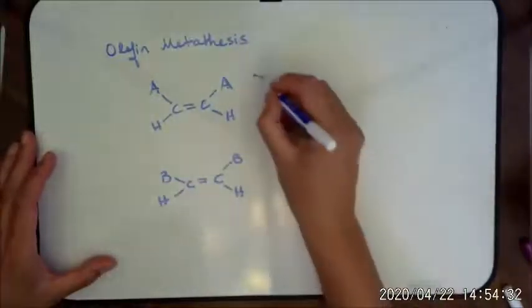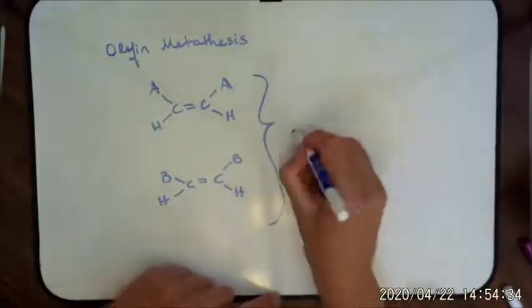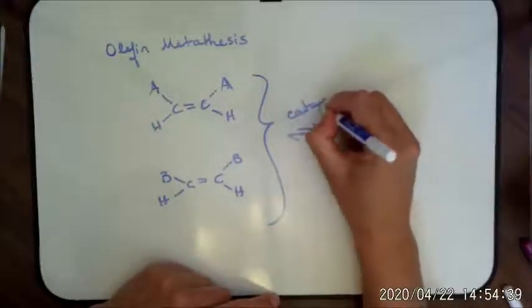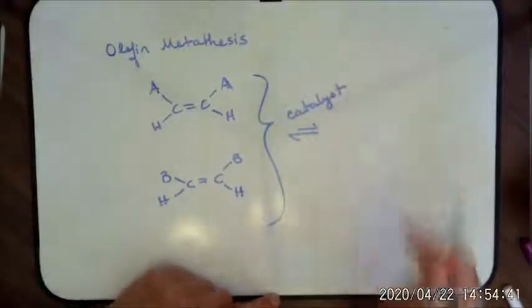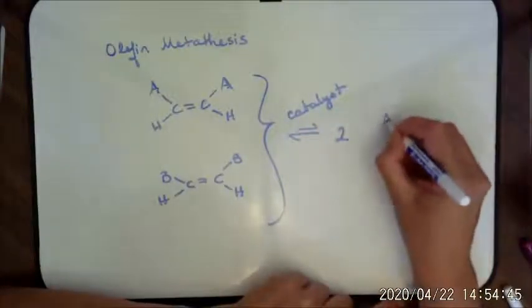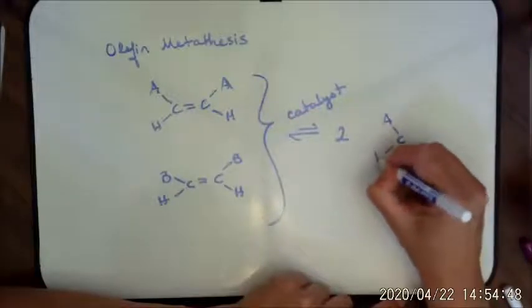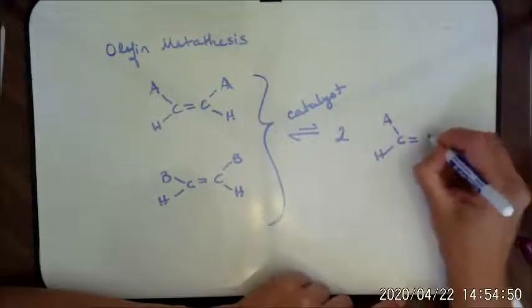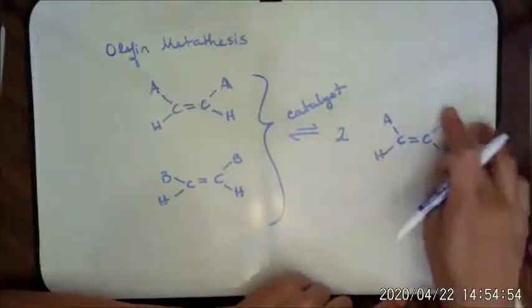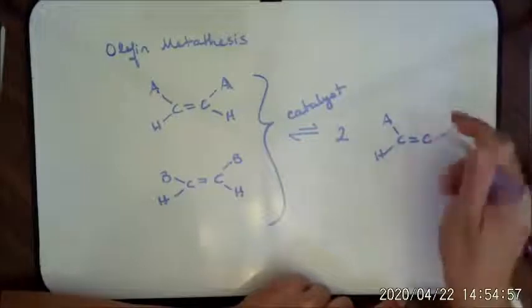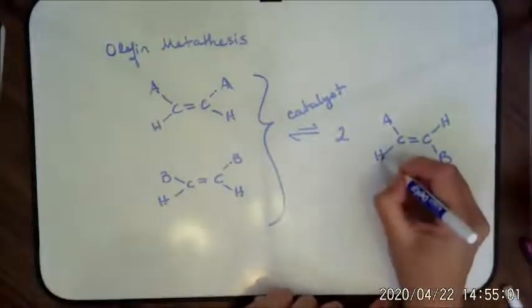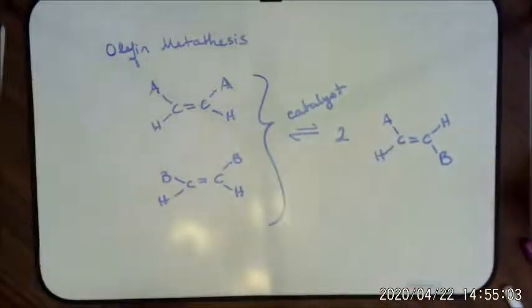And all we're doing in metathesis, you have your catalyst, is that you're forming two of these types of alkenes.